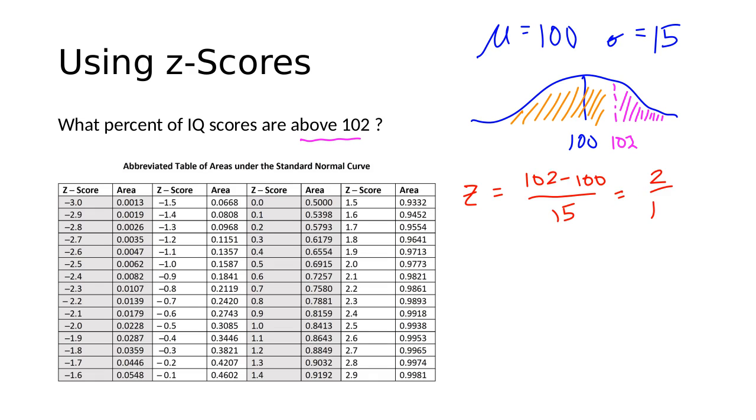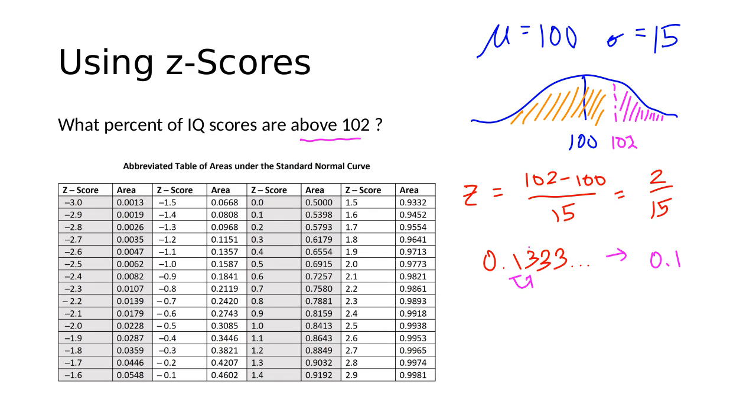So that's 2 over 15. When I divide, I get 0.133 repeating. Rounding that to the nearest tenth, I'll look one space to the right. That's 4 or lower, so I'm going to round down and have 0.1 as the z-score.